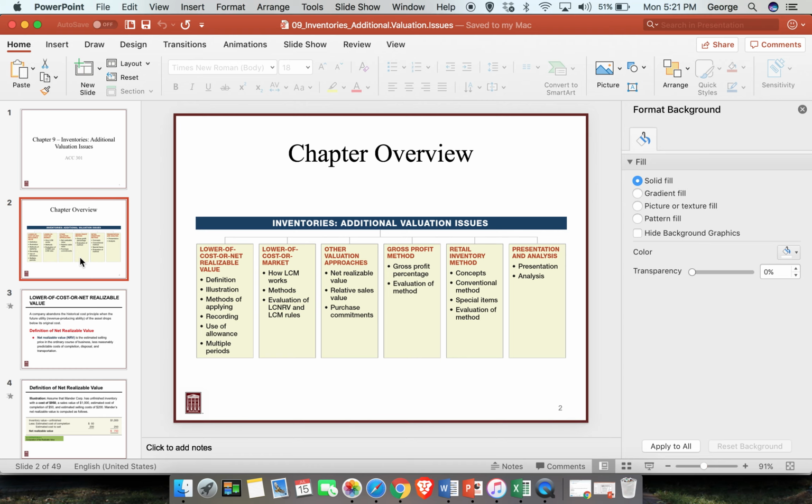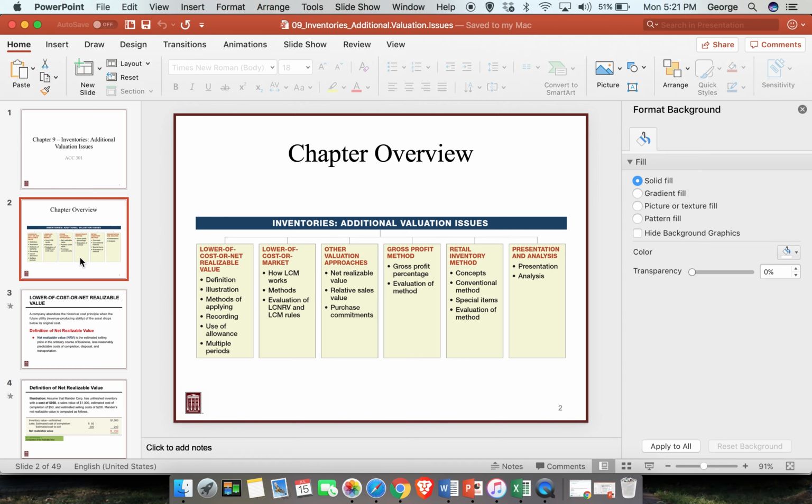You take gross profit and divide by sales, and that is your gross profit percentage or ratio. That's an important figure, particularly for retailers, their gross profit from the inventory that they're selling. And then we'll evaluate the gross profit method and some strengths and weaknesses.